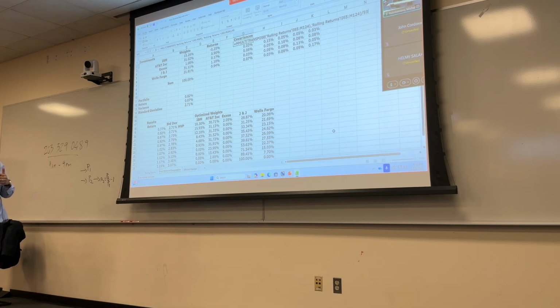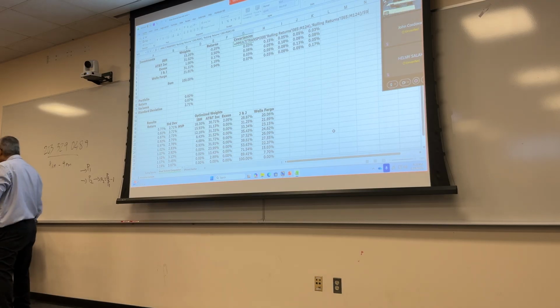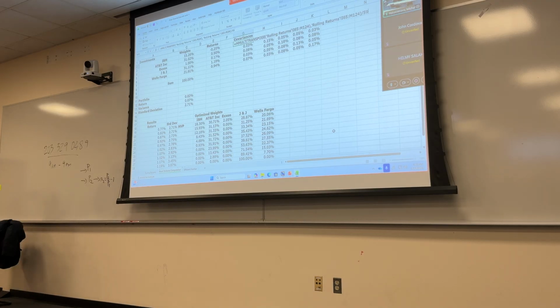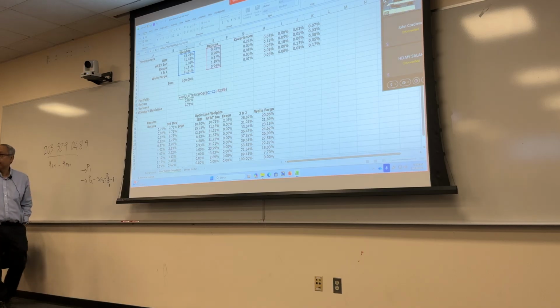So next, we have to have a cell that computes the portfolio return. Correct? How do we compute portfolio return? You transpose the vector of weights and you multiply with the vector of returns. That's what this formula does.